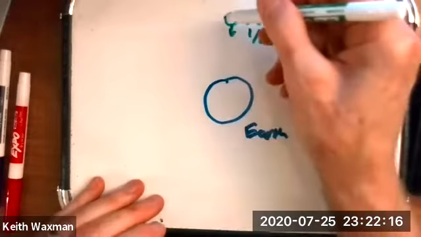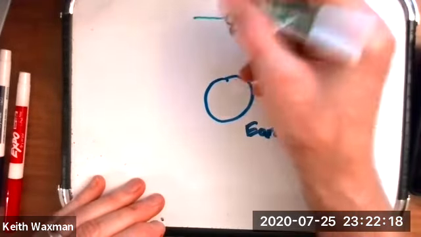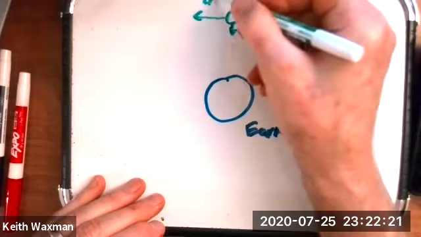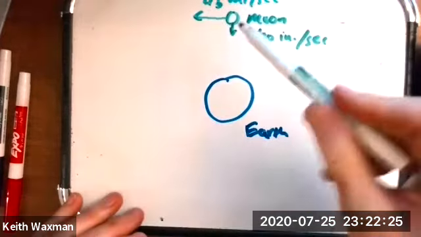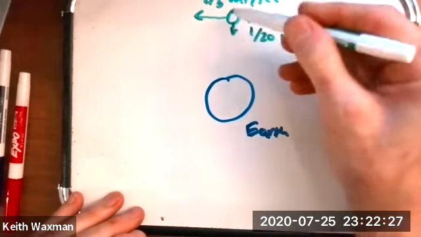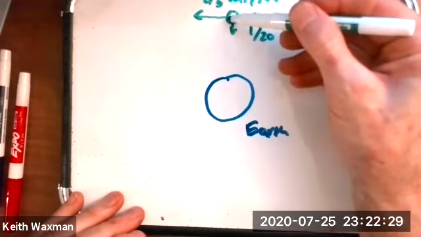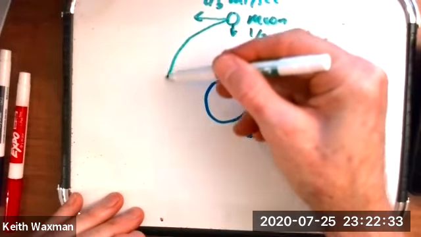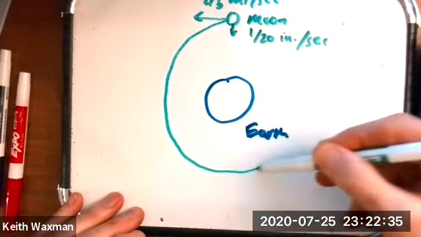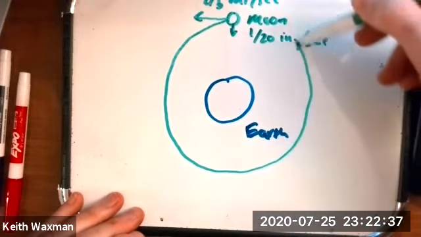But you know what it's also doing? It's going this way at 2/3 of a mile per second. So you know what the net result is? The moon is falling towards the Earth, but it's also moving this way. So the net result is this. It's falling towards the Earth, falling towards the Earth, falling towards the Earth. But guess what?